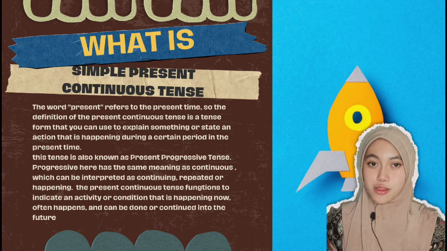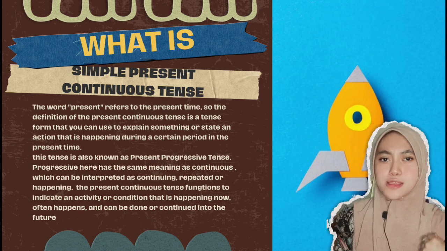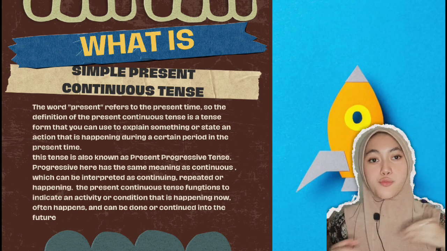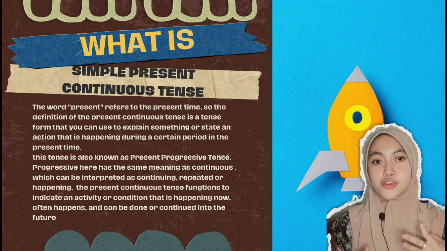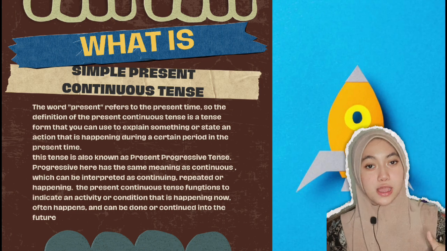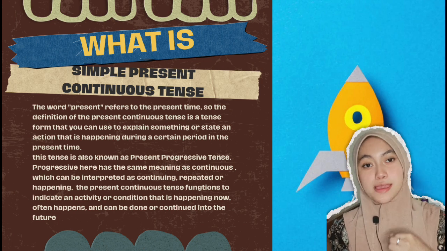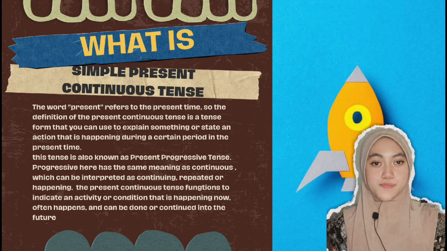Progressive here has the same meaning as continuous, which can be interpreted as continuing, repeated, or happening. This present continuous tense functions to indicate an activity or something that is happening now, often happens, and can be done on or continue to the future.